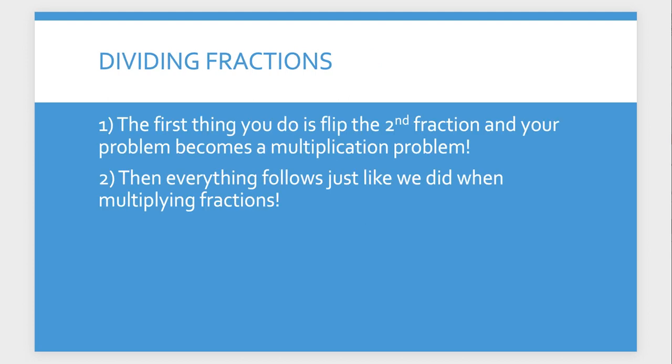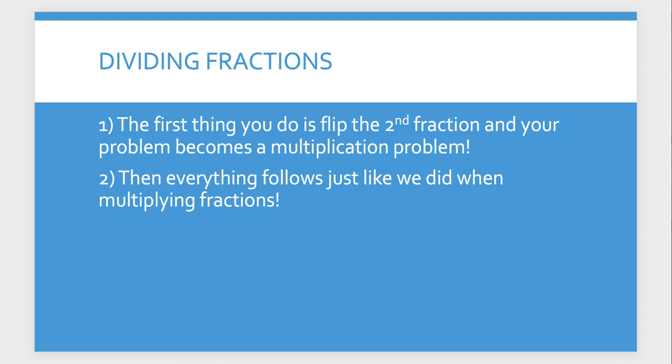Now let's talk about dividing fractions. This can confuse a lot of students, but it's actually not too difficult if you remember the one golden rule of dividing fractions. The very first thing you do is flip that second fraction, and your problem becomes a multiplication problem. So it's pretty easy. You take that second fraction, called the divisor, and you flip it.